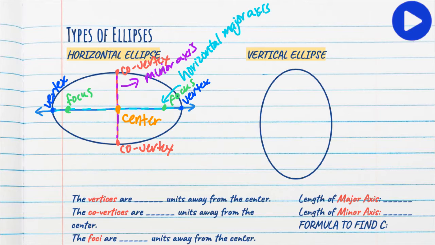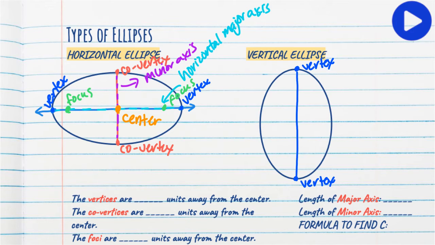Now the vertical ellipse is going to work the opposite. So for the vertical ellipse, notice how your vertex points are here and here. So instead of being left and right to each other, they're above and below one another.